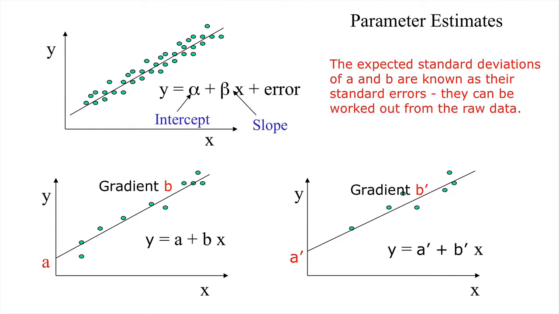It turns out that statistically we can estimate the expected standard deviation of our values a and b, and they're known as the standard errors. That is, we can put a degree of uncertainty into our estimates of a and b based on the strength of the relationship and the variability in the data themselves.